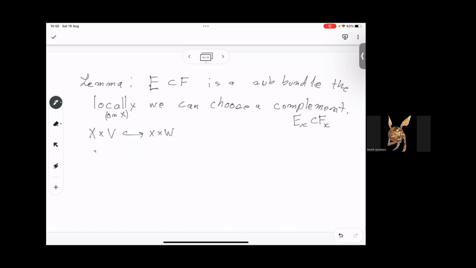Then we have this point x in mind. For that x, we choose a complement of V. For that small x, we choose a complement V prime, and now we have X cross V prime, which just sits inside X cross W.